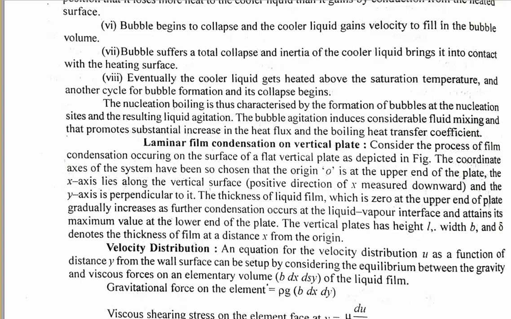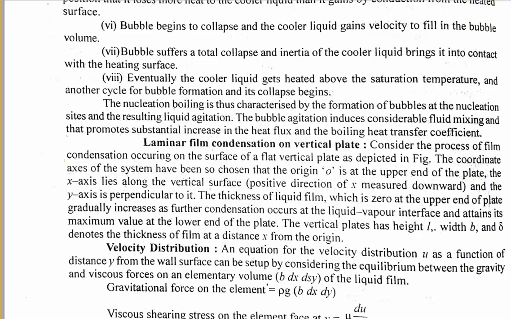The coordinate axes of the system have been chosen such that the origin O is at the upper end of the plate, x lies along the vertical surface, and the y-axis is perpendicular to it.